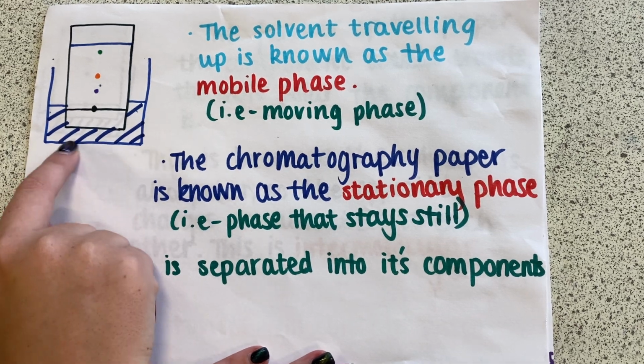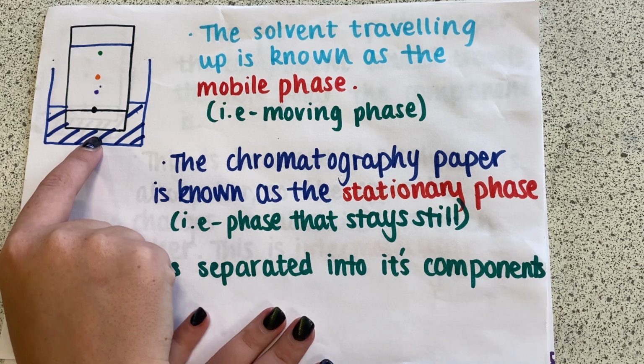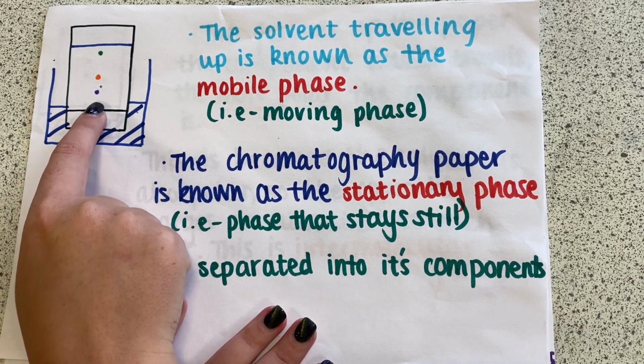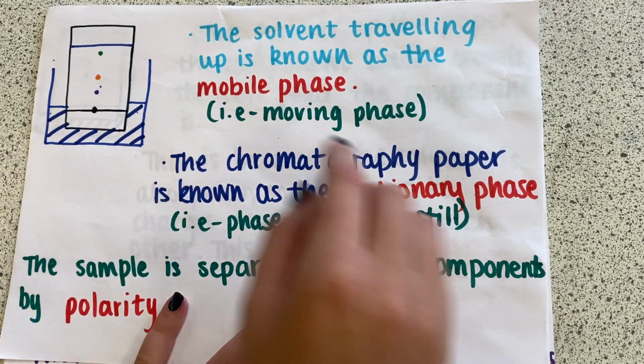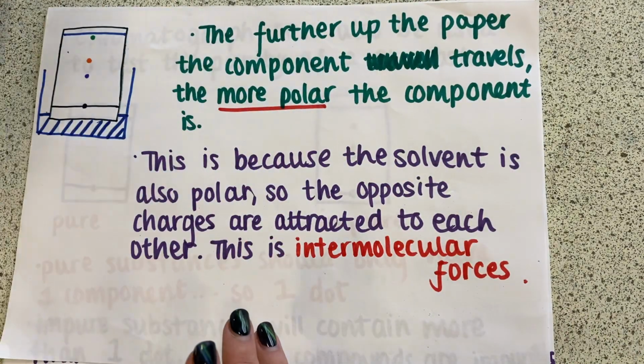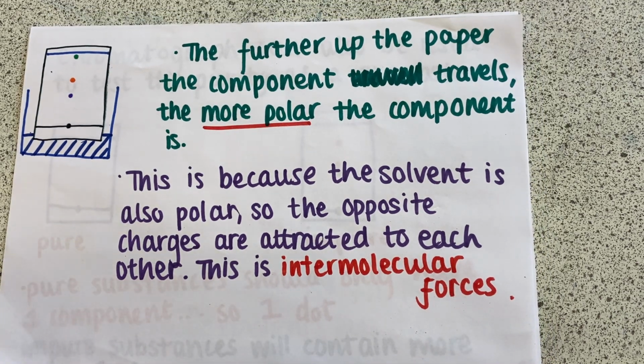As I've said, your solvent is usually a polar liquid. As it travels up, it's going to drop off some components. The further up the component travels, the more polar the component is.